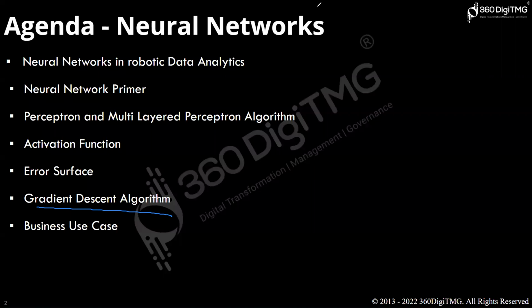So this is an artificial neural network. This gradient descent algorithm is commonly used to train machine learning models. We are going to see the neural networks and what their types are.